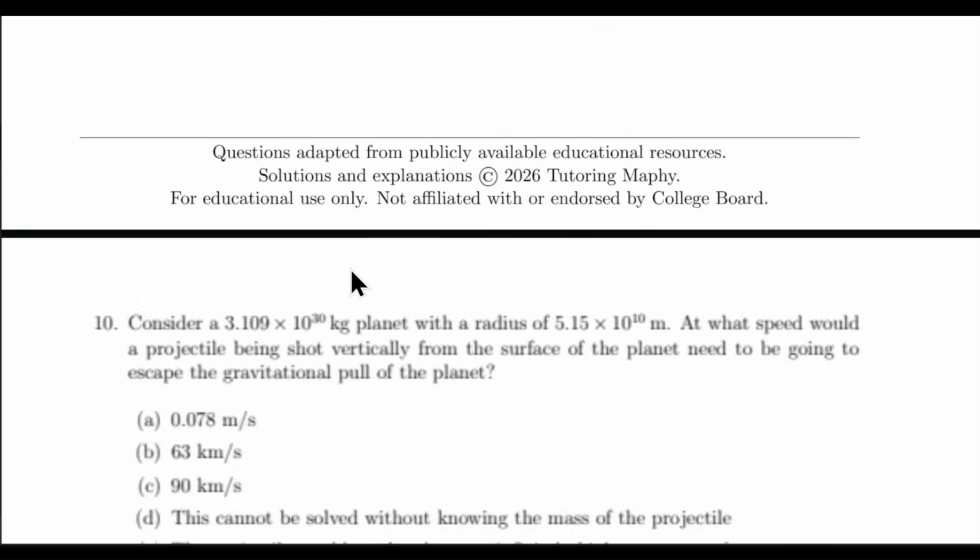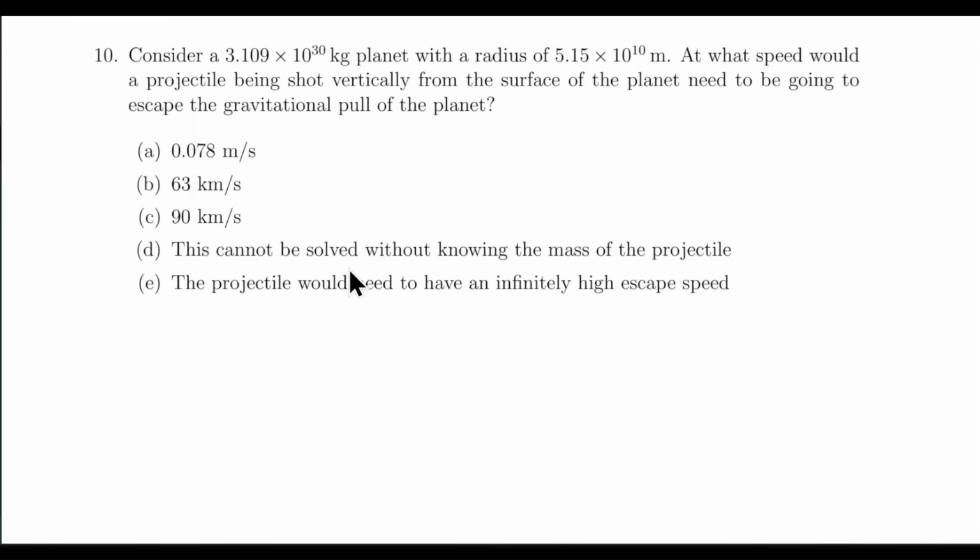Okay. Consider this planet of this mass in kilograms with this radius. At what speed would a projectile shot vertically from the surface of the planet need to be going to escape the gravitational pull of the planet? This is a fancy way of asking what is the escape velocity. So escape velocity is given by root of 2GM over r.